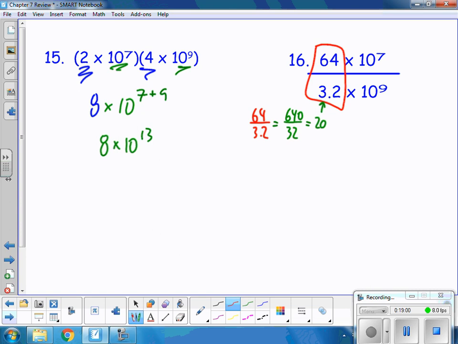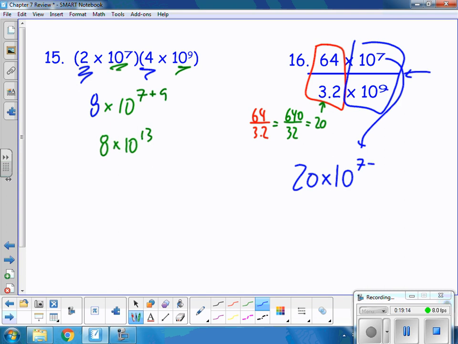Now I can deal with my second part here. So right now I'm left with 20 times 10, and I've got my 7. It's dividing, so it's minus, and I've got my 9. So my answer is going to be 20 times 10, 7 minus 9, which is going to be negative 2.